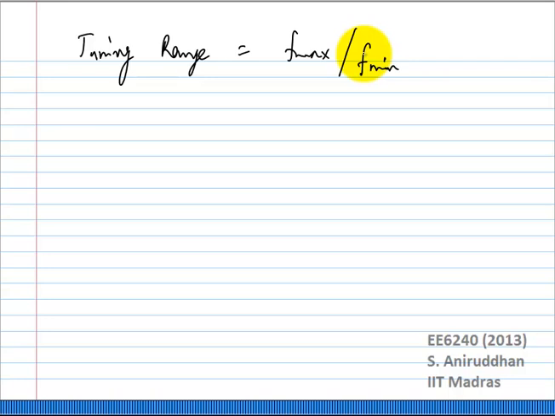Now, let us take the case of a super heterodyne receiver. Let us look at the first LO. What frequency does the first LO have to be at? Come on guys. Huh?